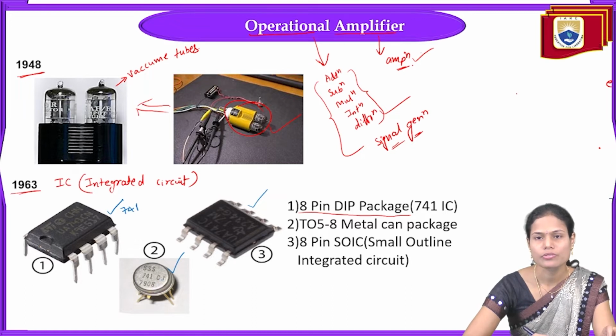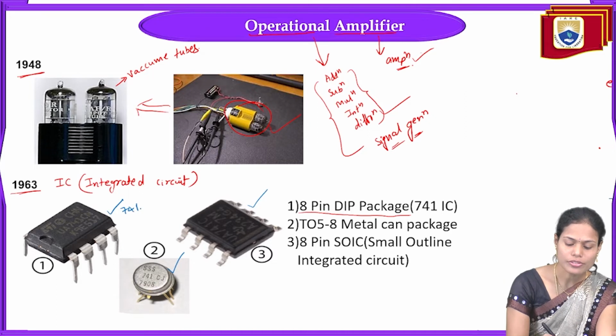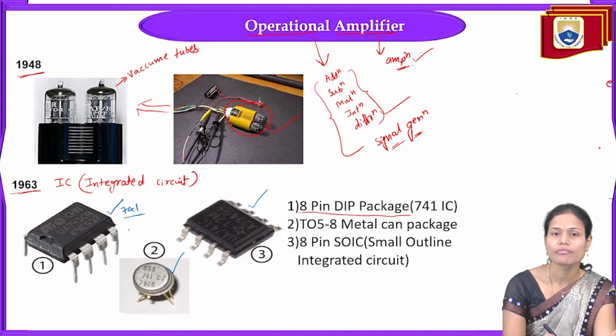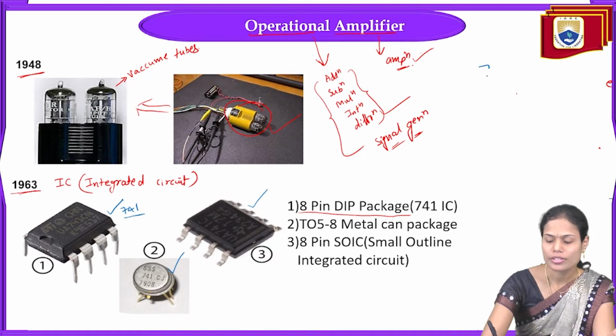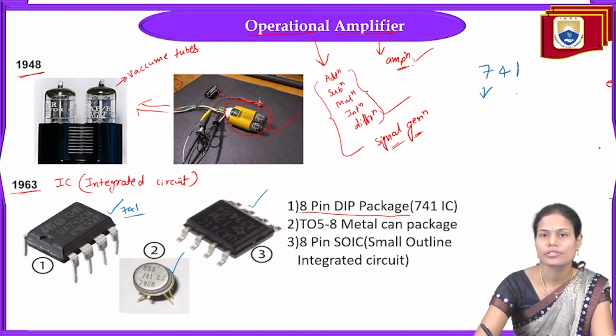In all the cases, we have 8 pins. And why is the 741 operational amplifier called 741? Here 741 is nothing but this particular IC consists of 7 functional pins.